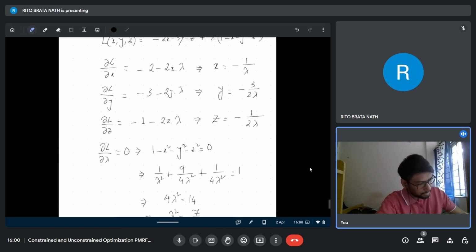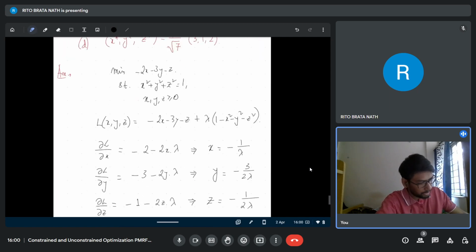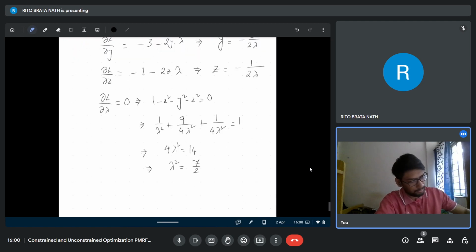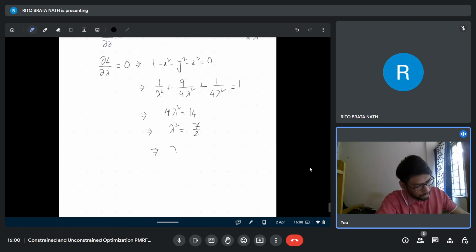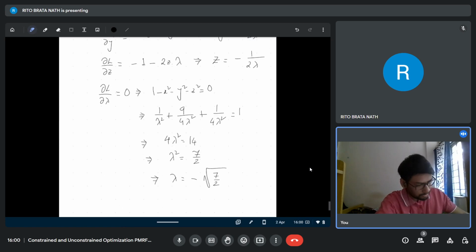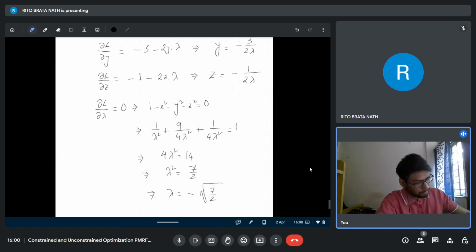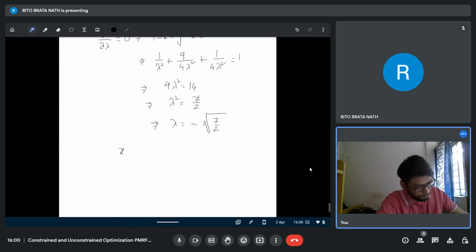And lambda needs to be negative here because x, y, z are greater than or equal to 0. So lambda here is minus root 7 by 2. Now we can get x star, y star, z star. x was minus 1 by lambda.